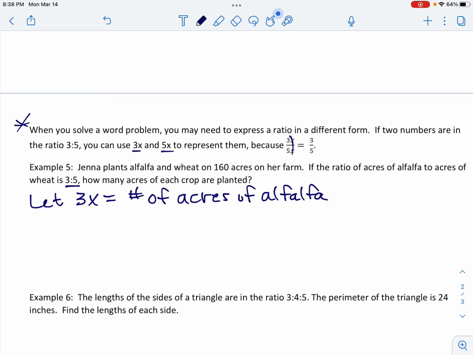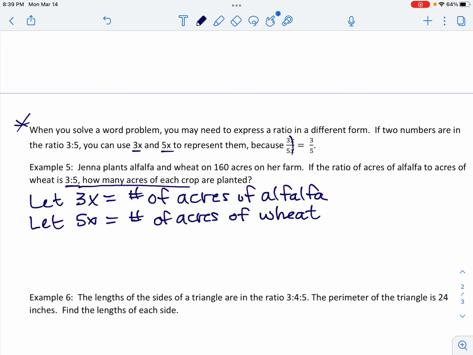And we're going to let 5x equal the number of acres of wheat. So now it wants to know how many acres of each crop are planted. So this is what we're looking for.